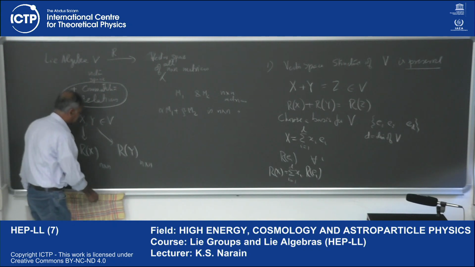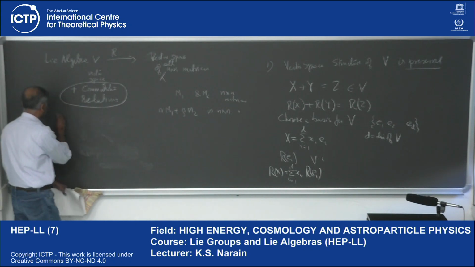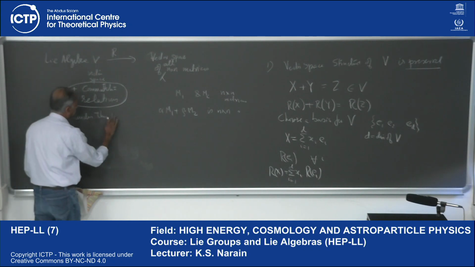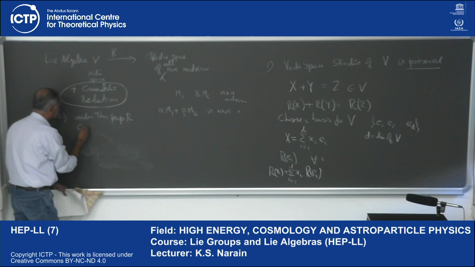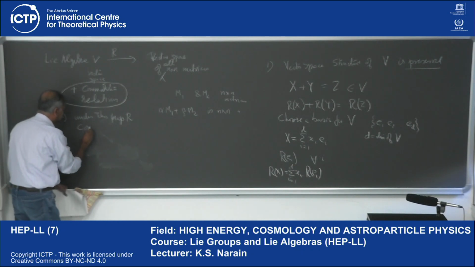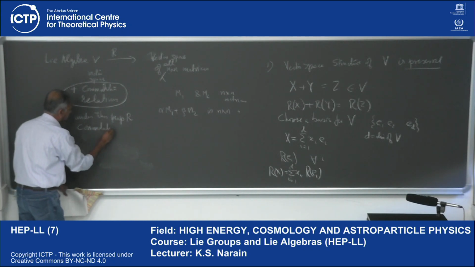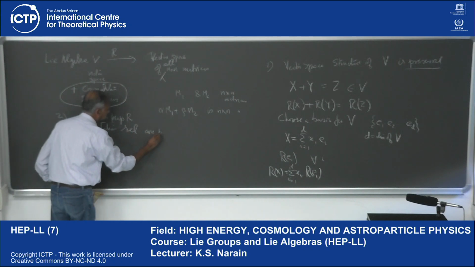So the second statement here is that under this map R, the commutation relations CCR are preserved.